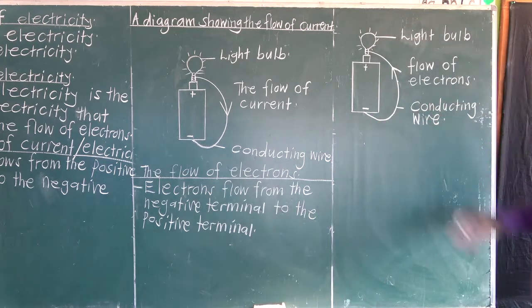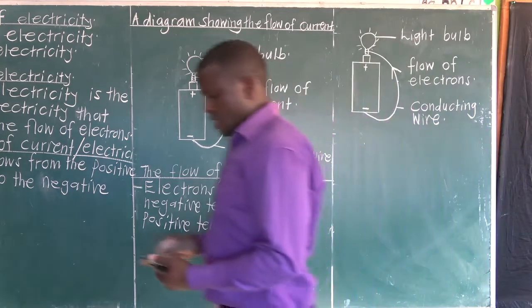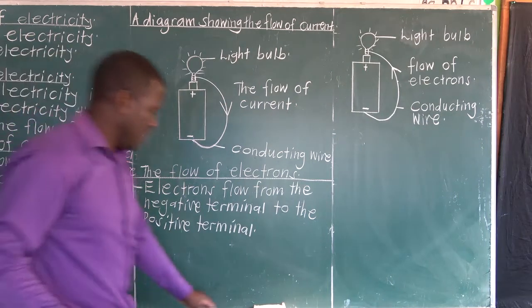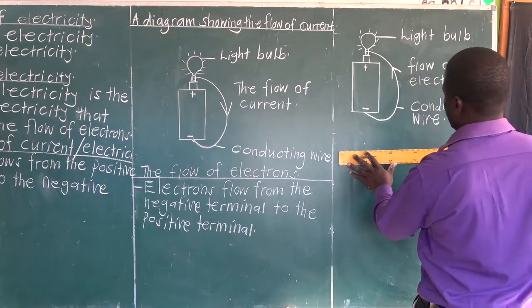So that is a diagram showing the flow of electrons. Next we shall look at types of current electricity. I think that one we shall look at in our next lesson.